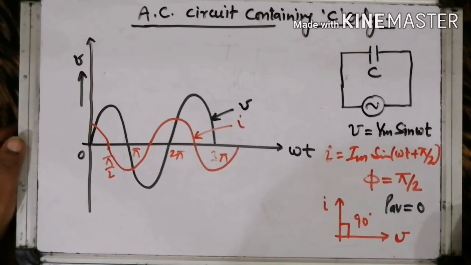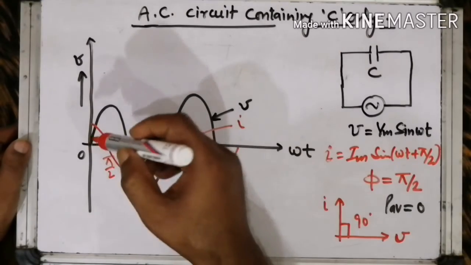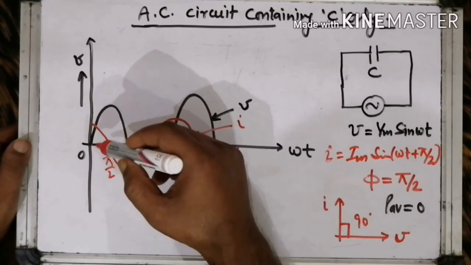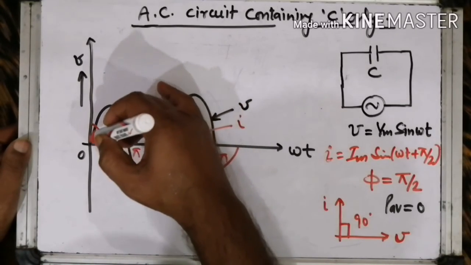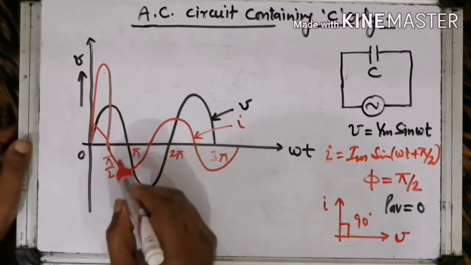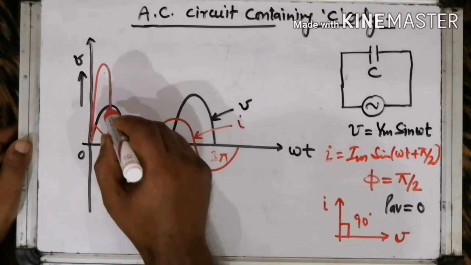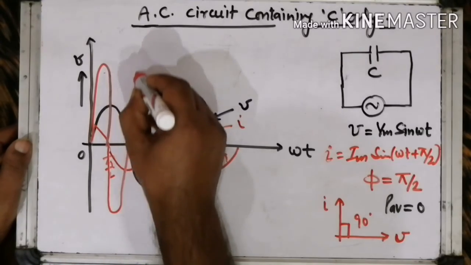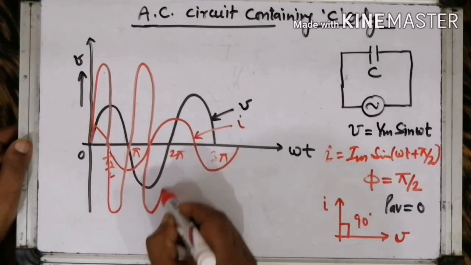And power is nothing but the multiplication of voltage and current. Here both voltage and current lie in the positive region, so the waveform for the power is like this. In this portion current is negative and voltage is positive. Once again, this one is the power, right?